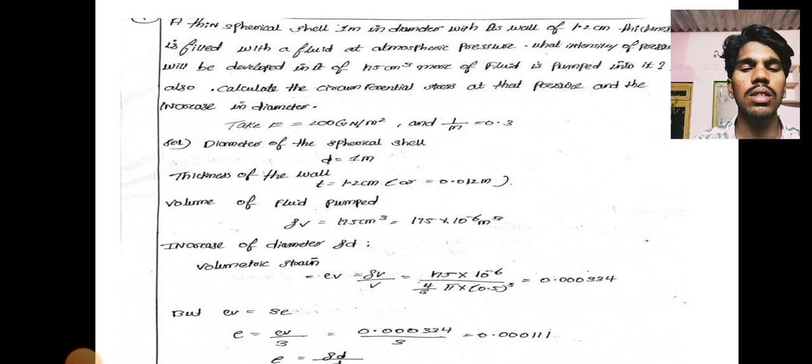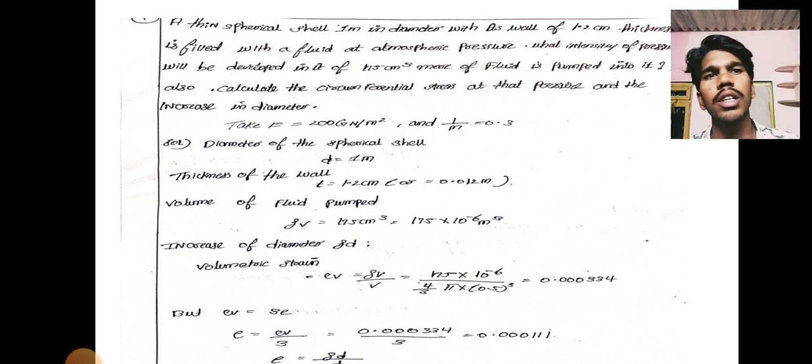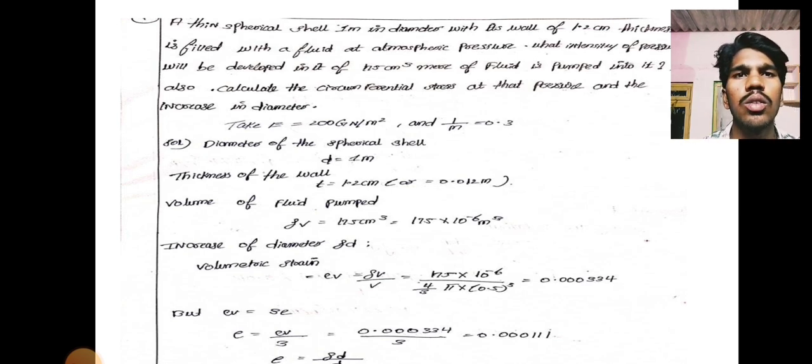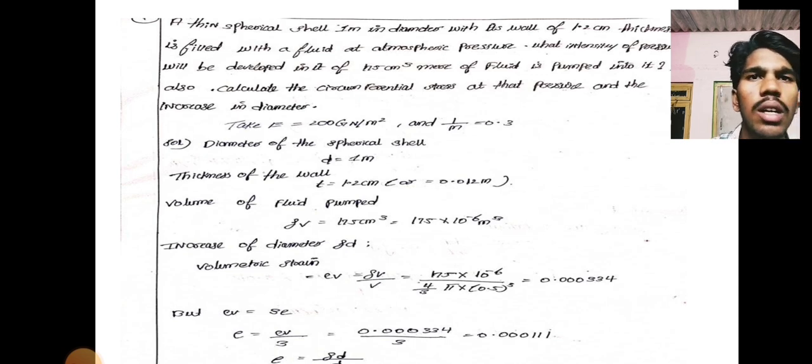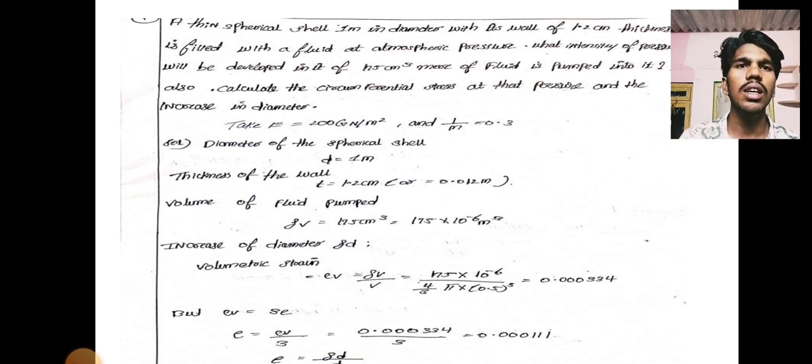A thin spherical shell 1 meter in diameter with a wall of 1.2 centimeter thickness is filled with fluid at atmospheric pressure. Here they have given one thin spherical shell with a diameter of 1 meter and a thickness of 1.2 centimeters, filled with fluid at atmospheric pressure.